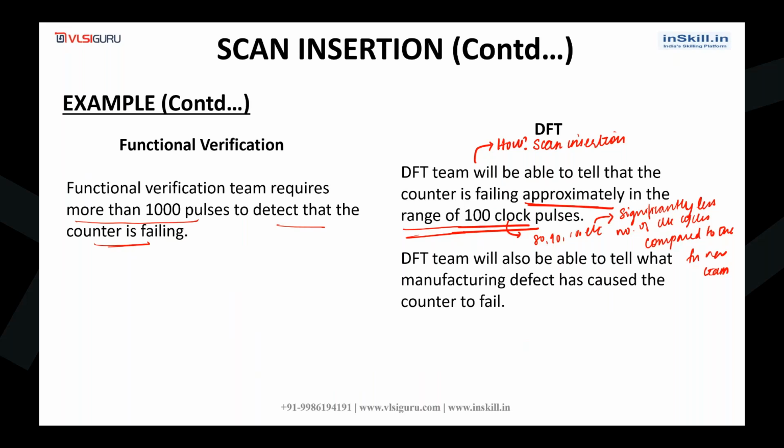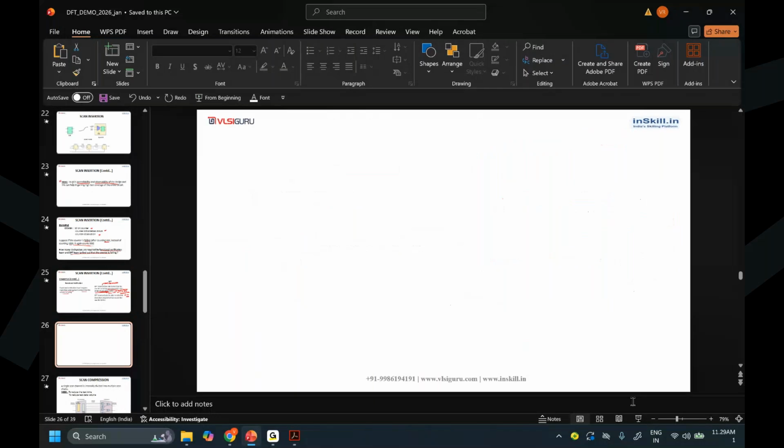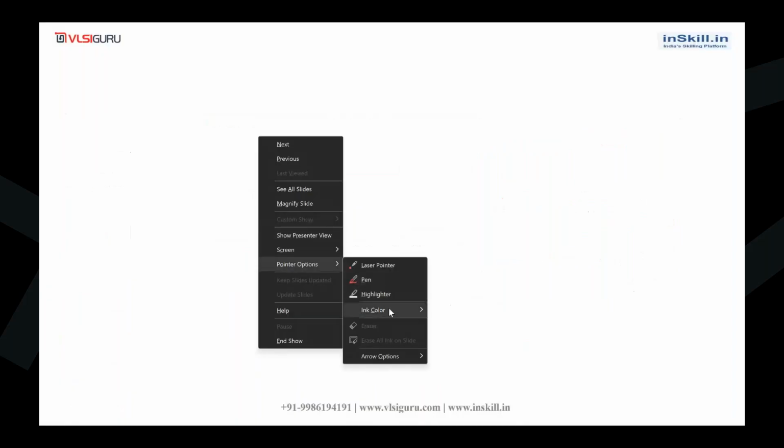As a part of the scan insertion topic, these are the subtopics which will be covered in our training. The first is the scan cell functionality, and then we will cover the scan chain functionality.